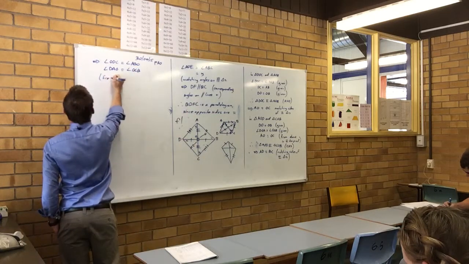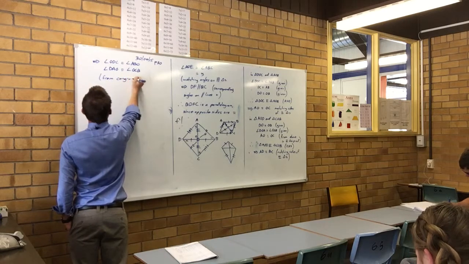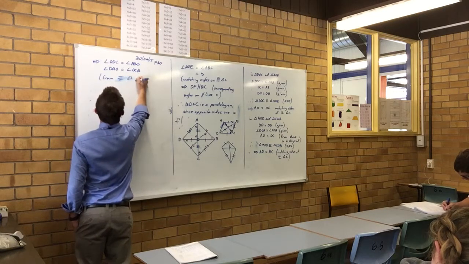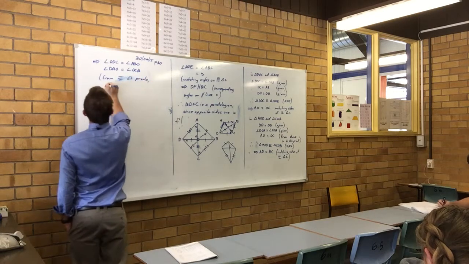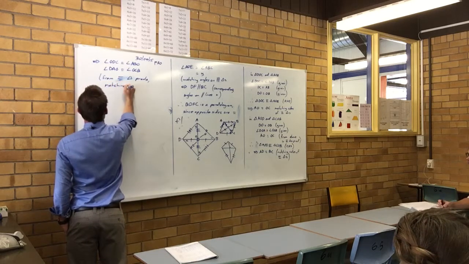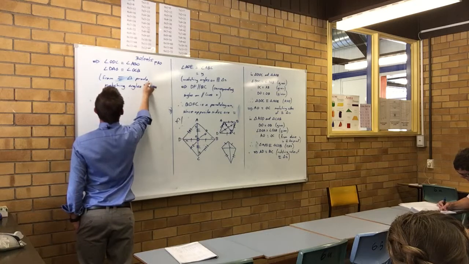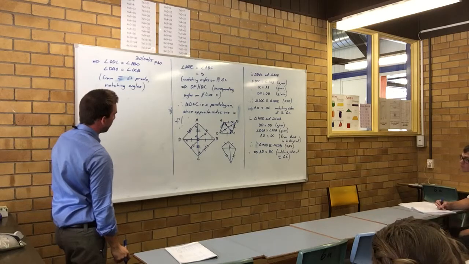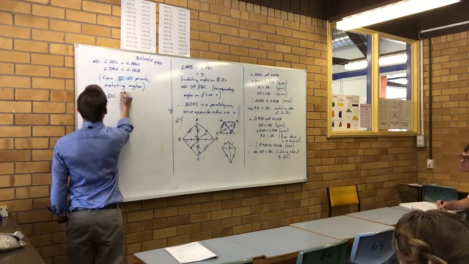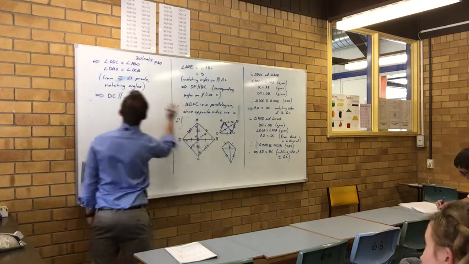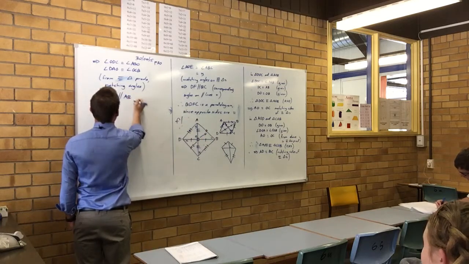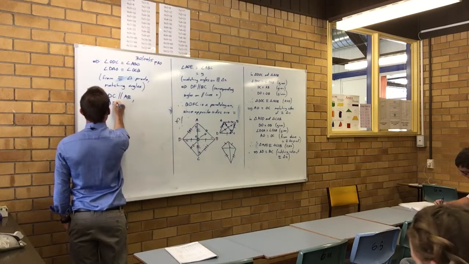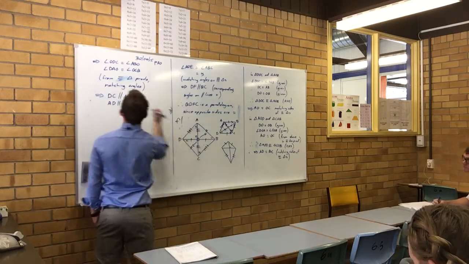Okay, these were from congruent triangle proofs, where we had the matching angles. Which implies that DC is parallel to AB, and we also have AD parallel to BC.